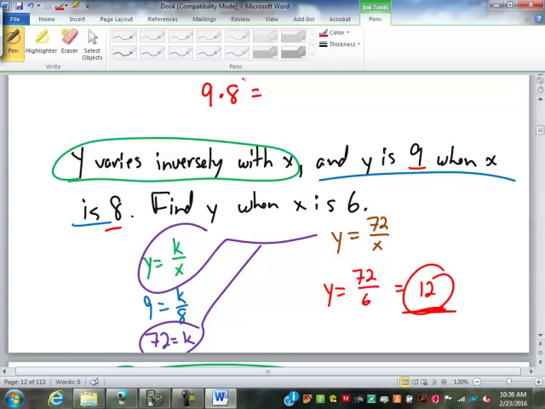It's 9 times 8 equals find y when x is 6. So y times 6. So here you would solve 9 times 8 is 72. Divide by 6, you do get y is 12. So you get the same answer. So you can use that constant product to solve variation problems for inverse variation.